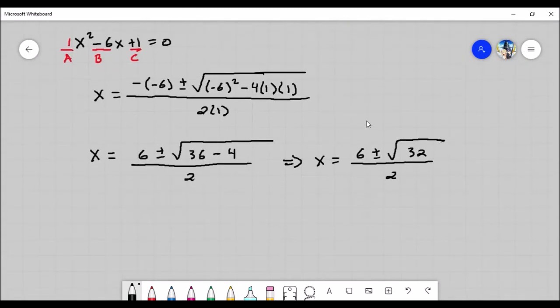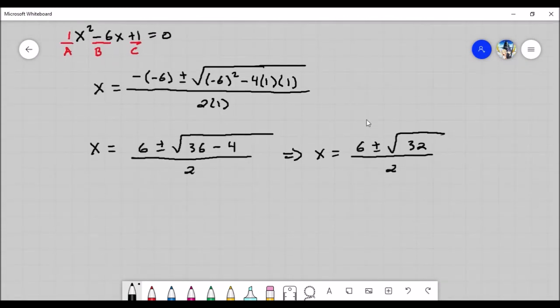So now the 32, that is not a perfect square. So it's not going to come out as a pretty whole number. So we have to simplify our radical there. So in order to do that, we are going to do it the simpler way. We're going to do a complete factorization of 32.